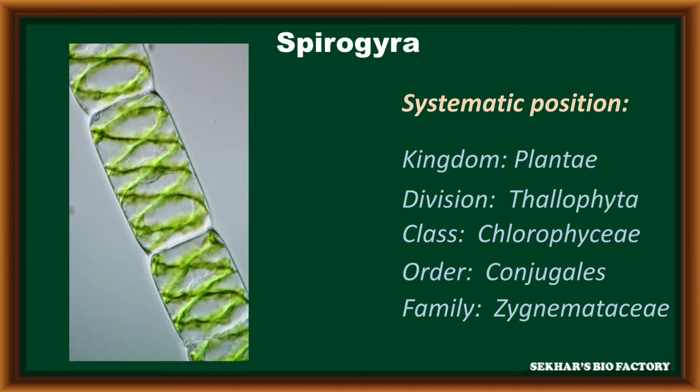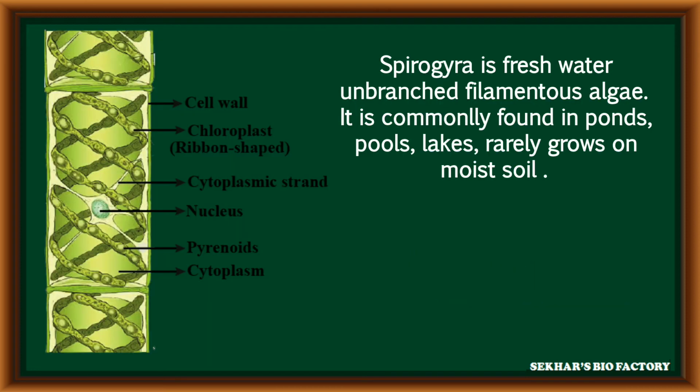The next example is Spirogyra. The systematic position of Spirogyra is: it belongs to kingdom Plantae, Thallophyta division, Chlorophyceae class, Conjugales order, and Zygnemataceae family. Spirogyra is a freshwater, unbranched, filamentous alga.